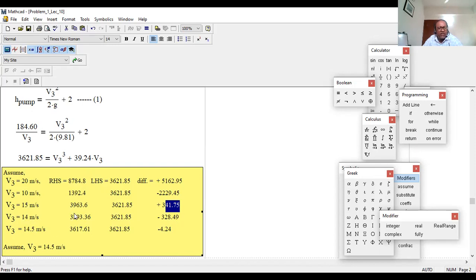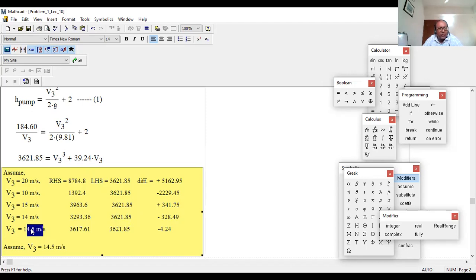I make it 14. Left side, right side, I get this one, left side, this one. So what is the difference? I'm lesser by 349. Still it is a little bit high. So this is negative. That means I have to increase more than 14. Increase more than 14, you can go back to 15, it will give you the same result. So you just start with 14.5 or 14.6.